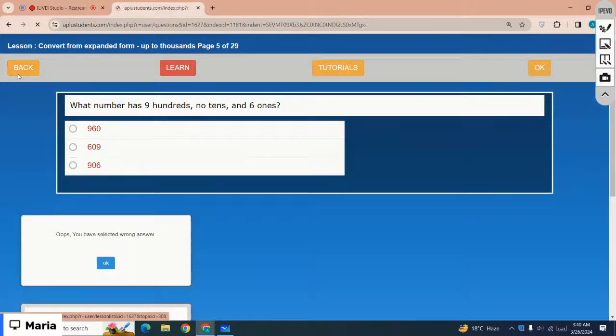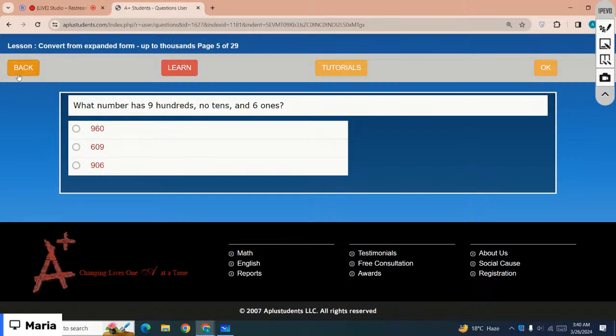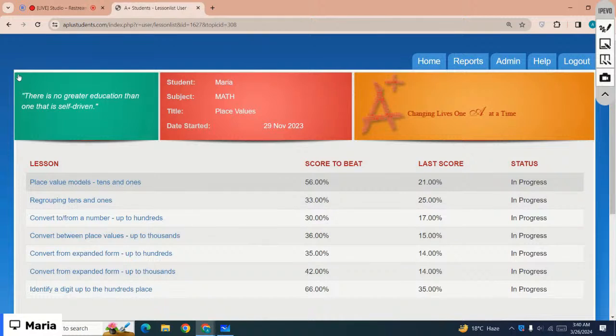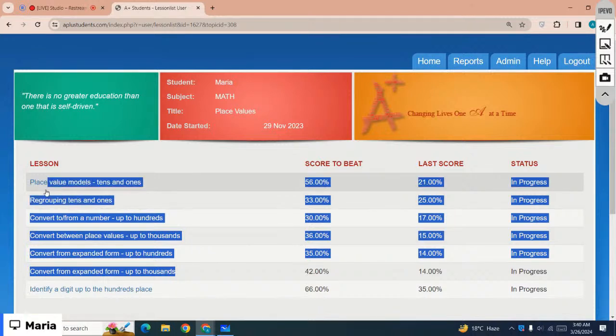So, we were working on grade 2 math. The chapter we were working on is place values.